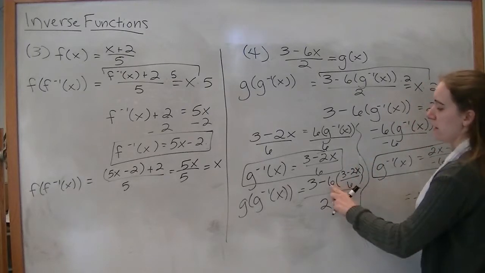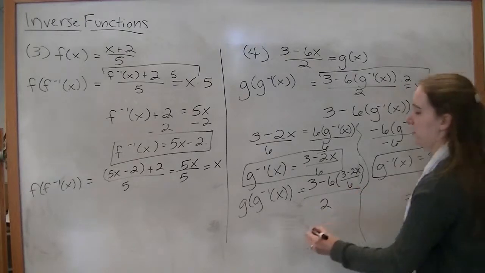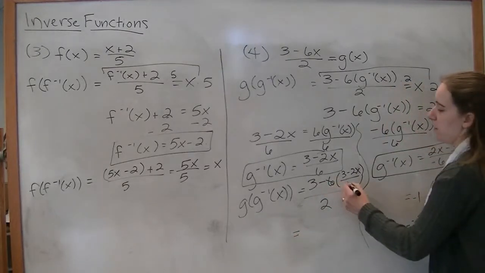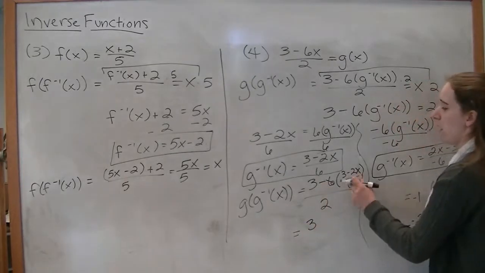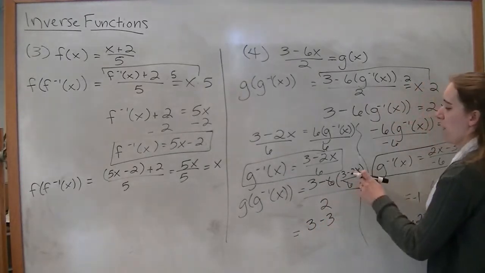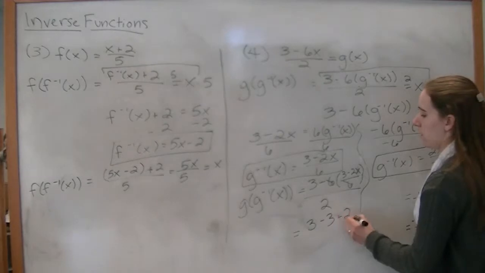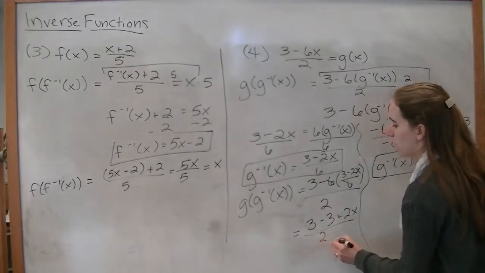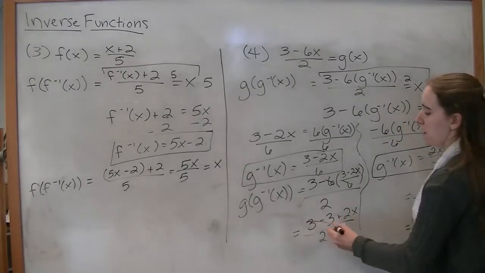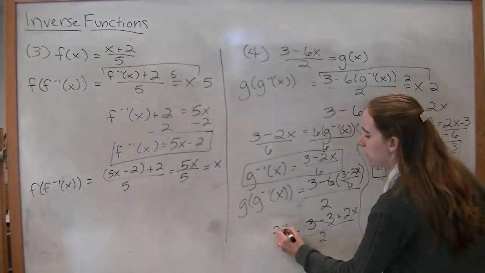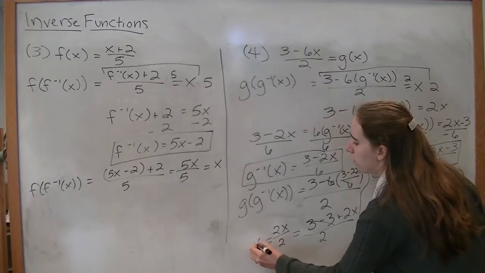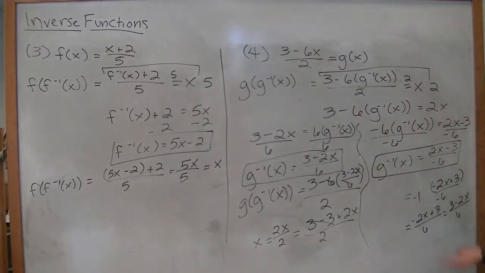So the 6 here and the 6 here will cancel, they'll become 1. Then I have a negative that has to be distributed. So I have 3 minus 3, and then I have minus negative 2x. Well then I'm adding 3 and its additive inverse. I'm left with 2x over x, which is just x. So we're good. And we could have done the same thing with this one over here. They would have come out the same way.